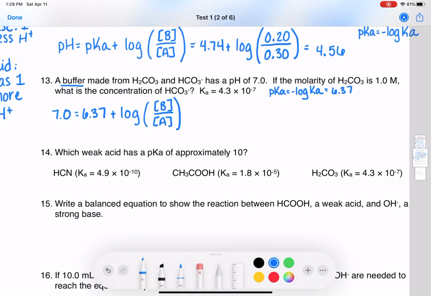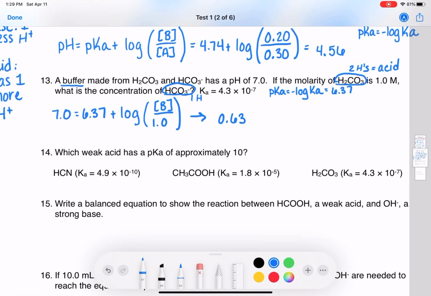And we have the molarity of the H2CO3. Is that the acid or is that the base? The H2CO3 has 2 hydrogens. The other species has 1 hydrogen. So that means that the H2CO3 is the acid. So our 1 molar goes down here, and now we just have to solve this problem, which is going to be a little bit tricky because we're going to have to use the antilog to get to that base concentration.